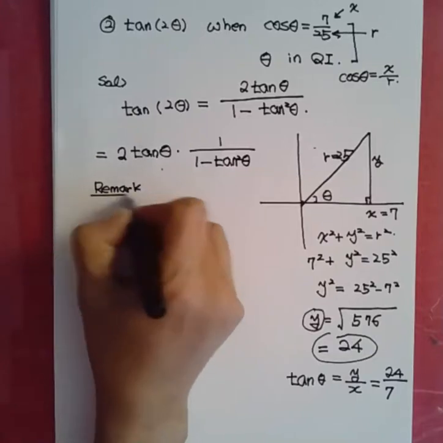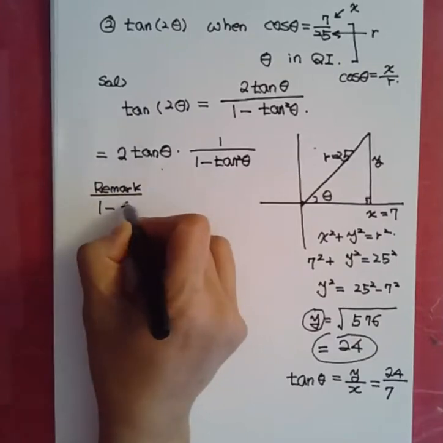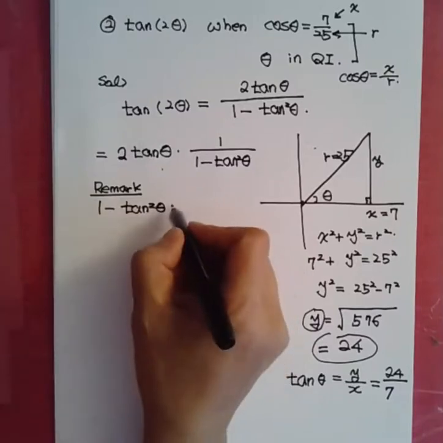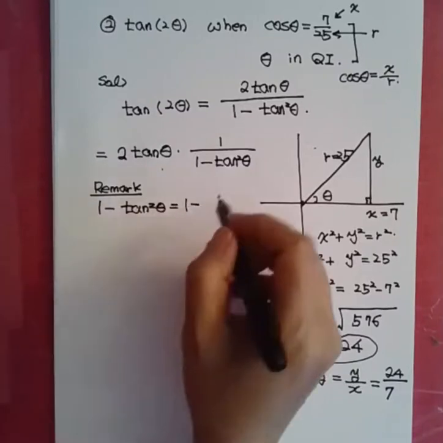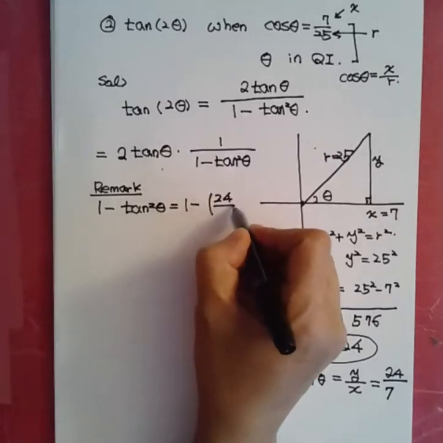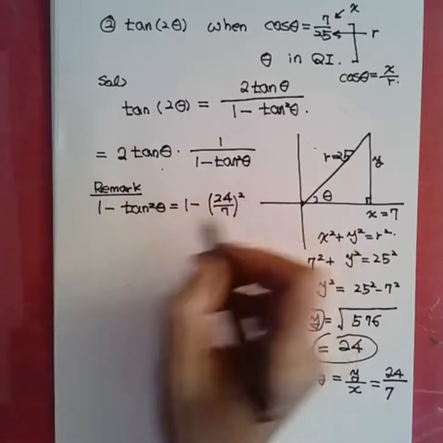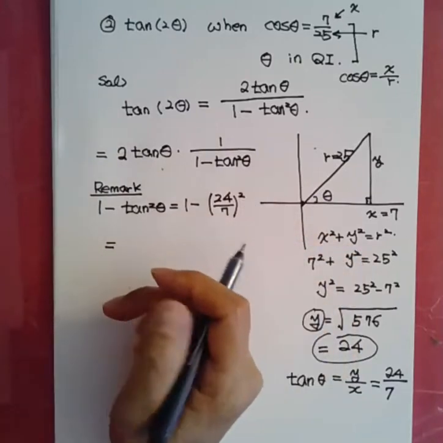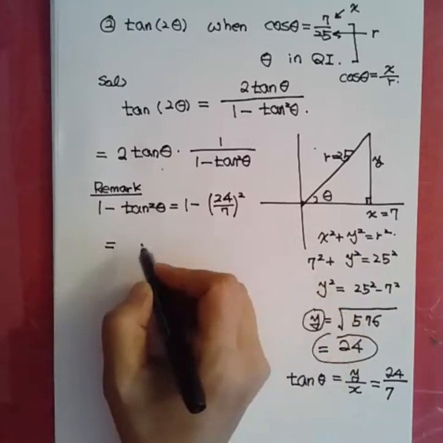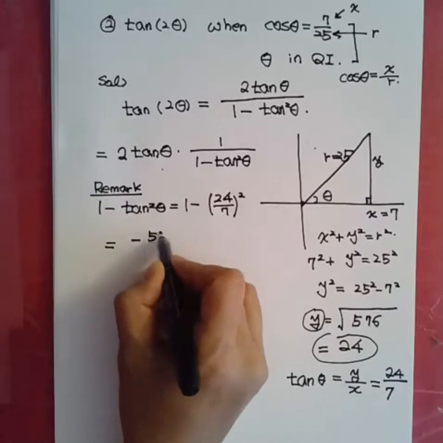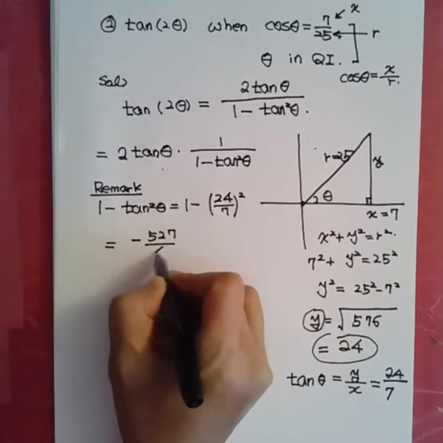Let's calculate 1 minus tangent squared of theta first. Then 1 minus tangent squared of theta is 1 minus 24 over 7 squared. If you go through the calculation or use your calculator, that'll give minus 527 over 49.